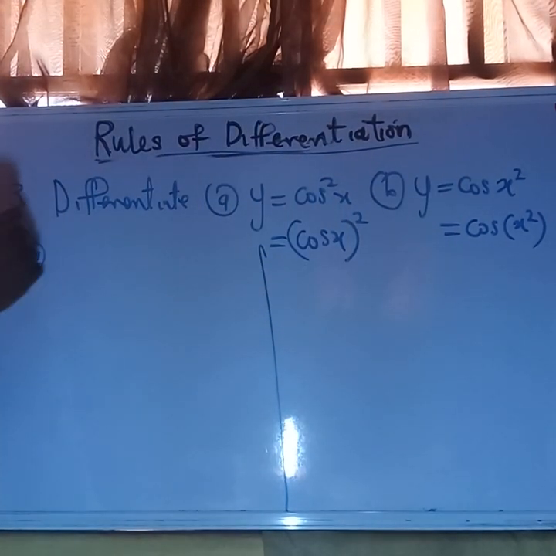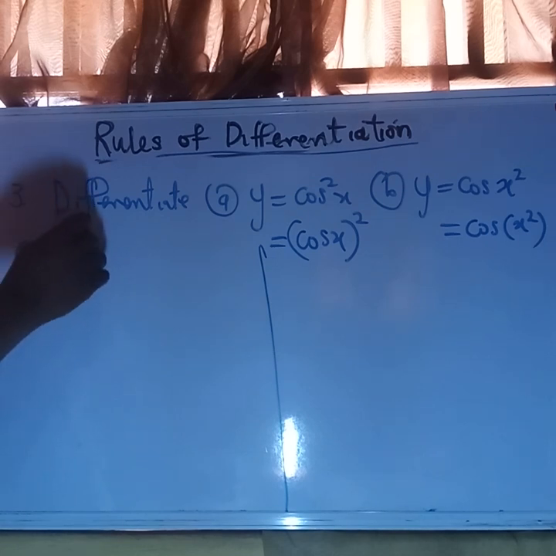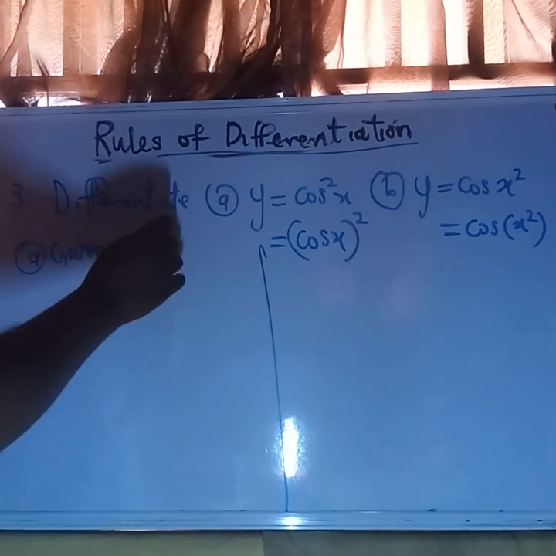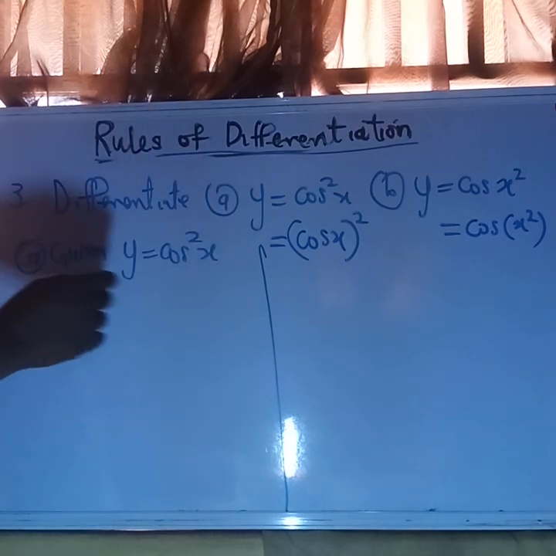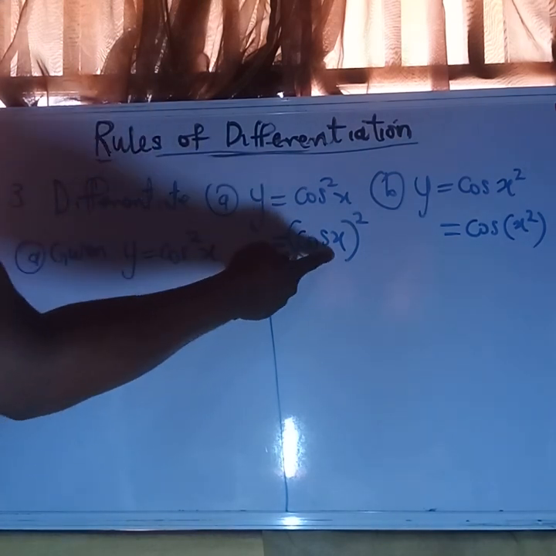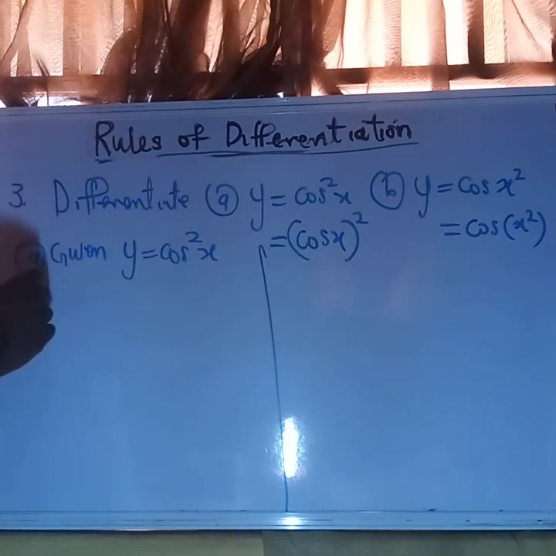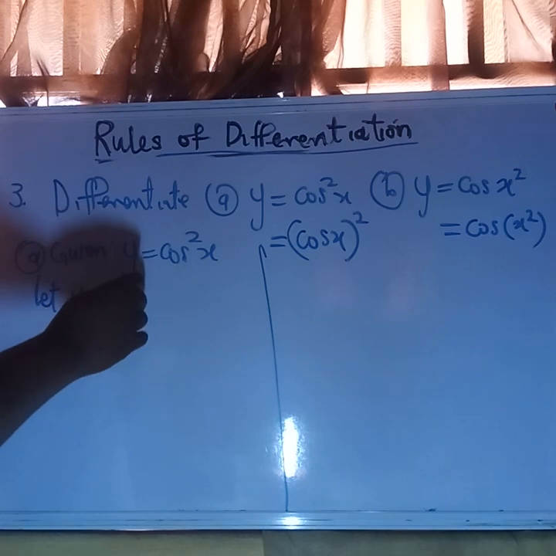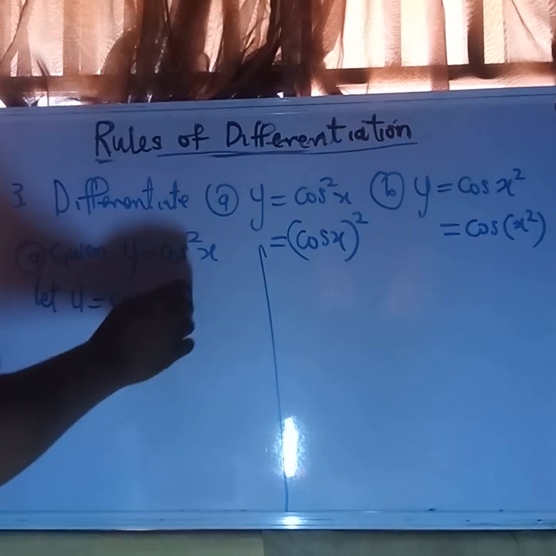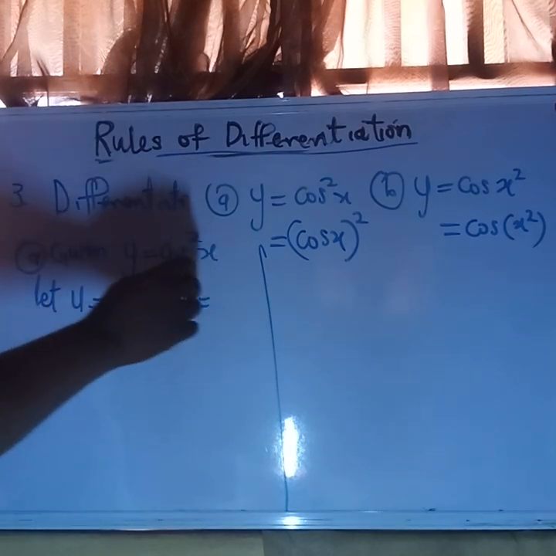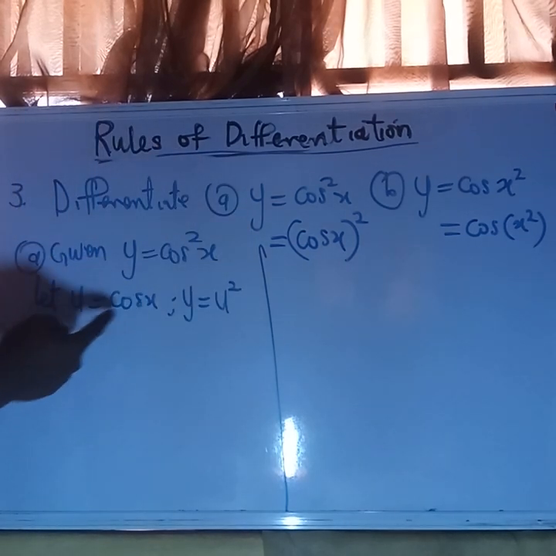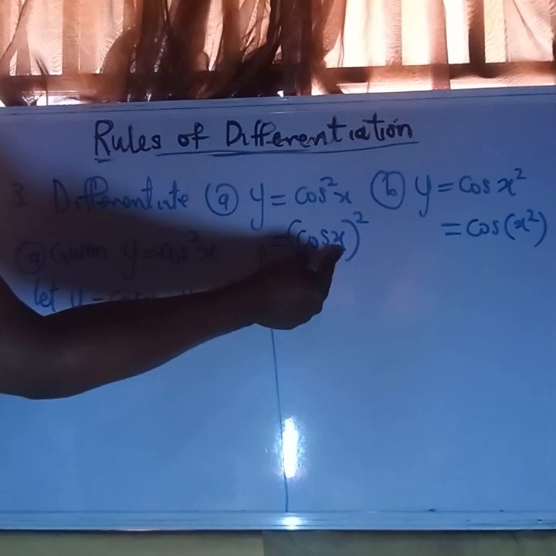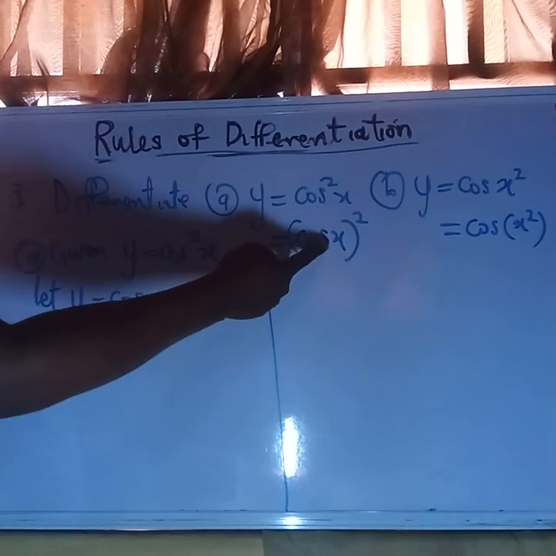From a, we are given y equal to cos square x. If you look at this, you see that the inner function here is cos x. So we say let u equal to the inner function, which is cos x, and here y will be u square. As you can see, u is this inner function, and the main term will be u square.